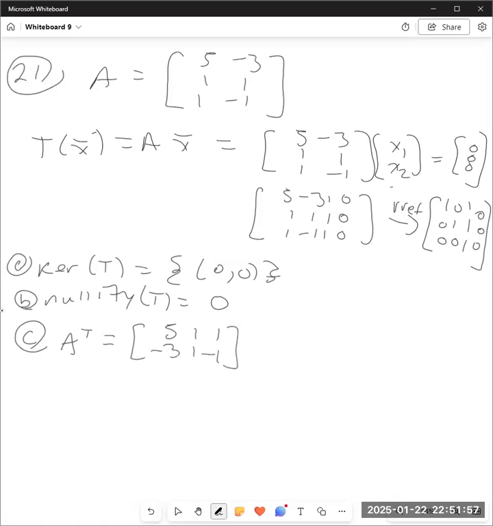And if I REF that, I get [1, 0, 1/4; 0, 1, -1/4]. And to get rid of these fractions, that's the same thing as [4, 0, 1; 0, 4, -1].